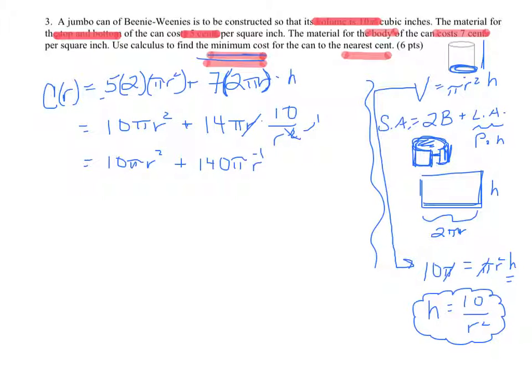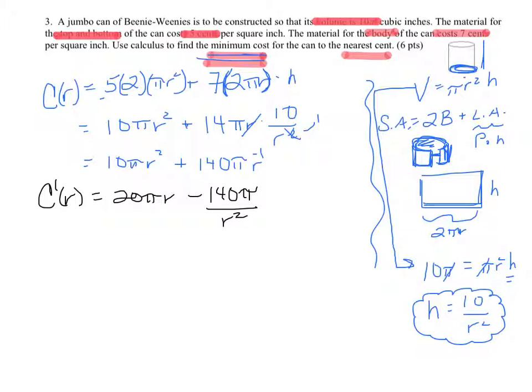Alright, all that work for the setup. Now we're ready to finally apply the derivative. C prime ends up being 20 pi r minus the 140 pi over r squared. That's just that r becoming from the -1 to the 2, and r to the -2 moving to the denominator.